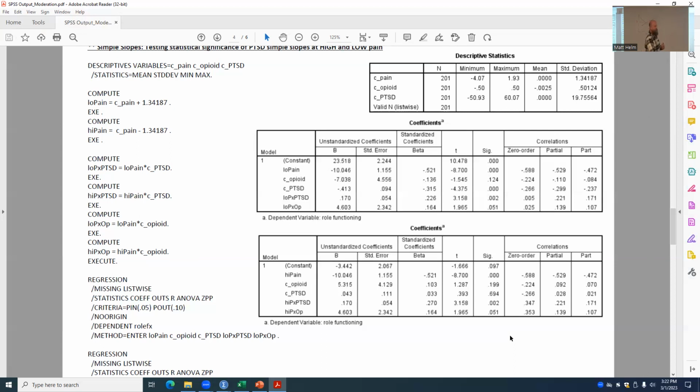If we hold pain constant at a standard deviation below, do we see an effect? Now we do. So what we're trying to do is say, at different levels of the moderator, are we seeing a simple slope effect?